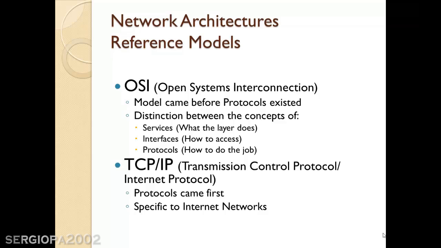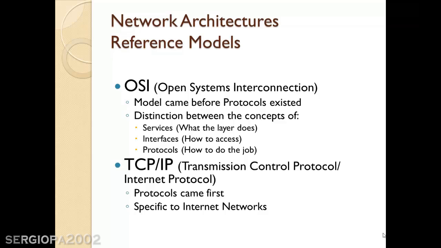What happens with the OSI model is that right now it's not in use, but it's used more academically to explain networks, because it's considered more thorough and easier to understand than the TCP/IP model. I will tell you more about this in a little bit.